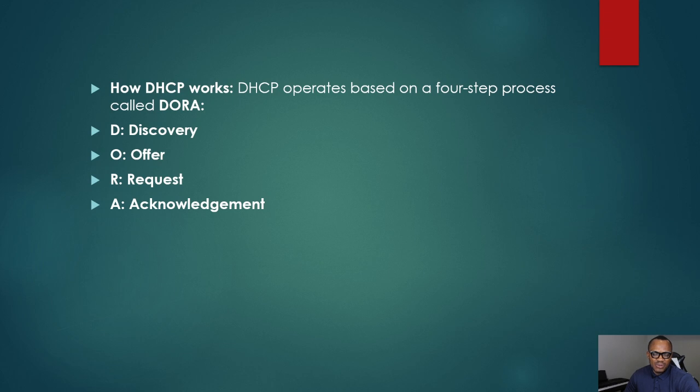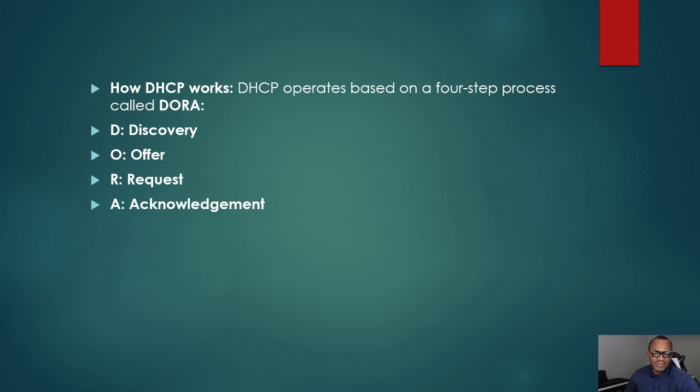When the laptop connects to a Wi-Fi network, it sends a DHCP discover message to the network. The Wi-Fi router or any other DHCP server in the network will respond with a DHCP offer. The offer includes an available IP address, the subnet mask, the default gateway, and other configuration details.